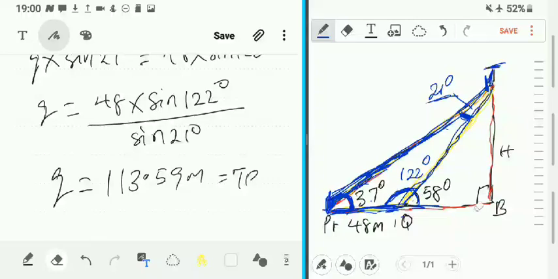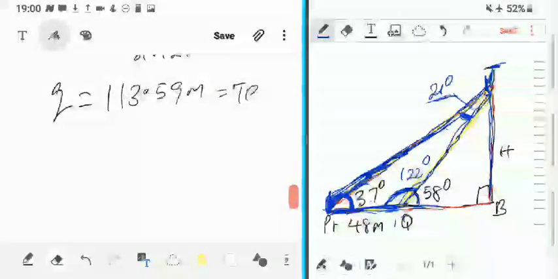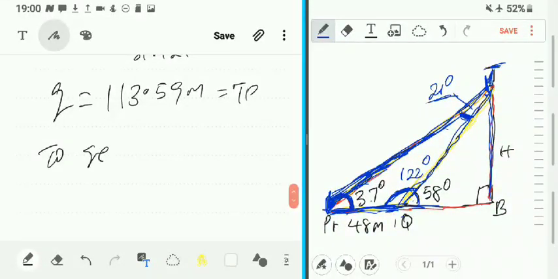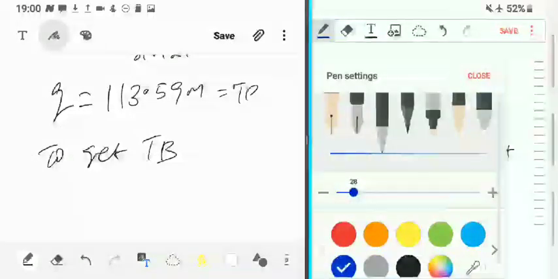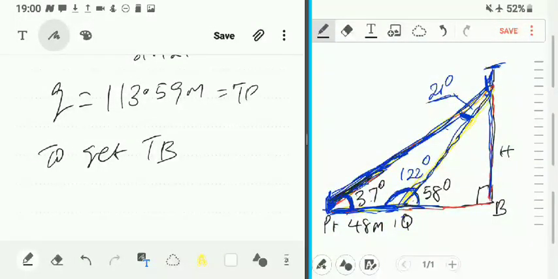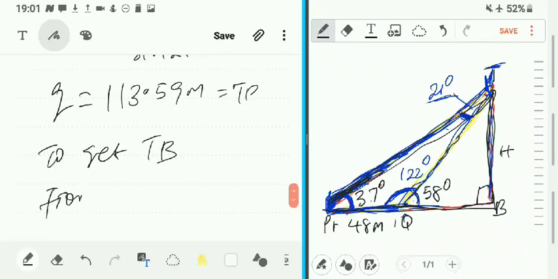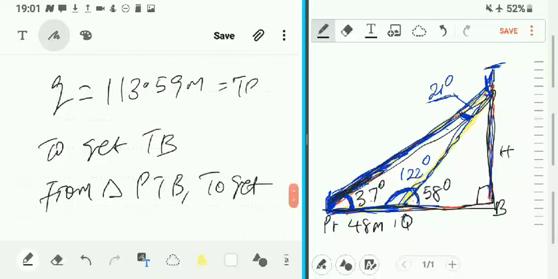So we have that. Now, the next thing we want to find is TB directly, or call it H. From the whole triangle PTB, we want to get TB now.